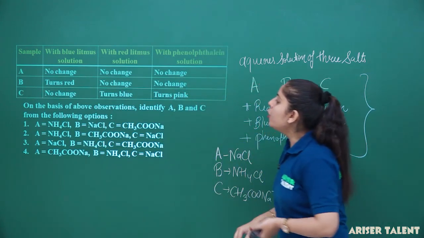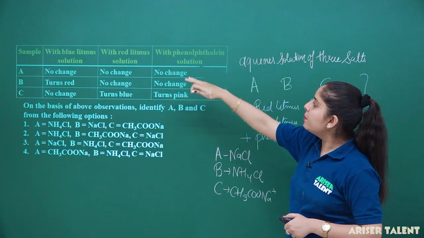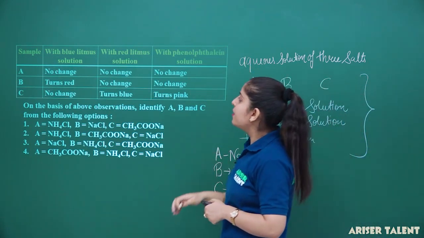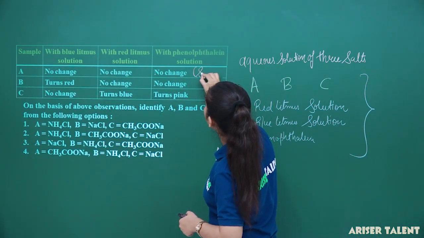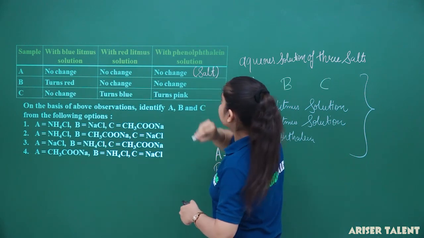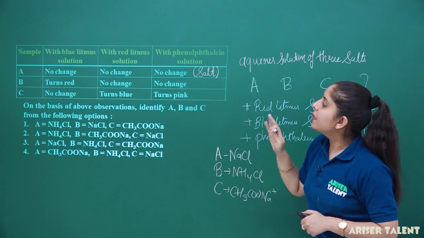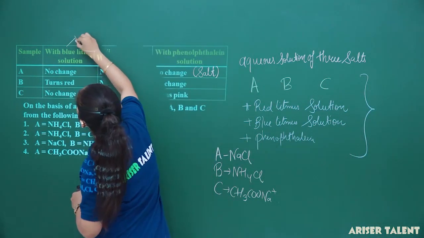Now, what you are observing in case A, with blue litmus, red litmus and phenolphthalein, there is no change in the color. It means no change, no change and no change. So we can say that it must be a salt. Now, with blue litmus, compound B is turning red. It means blue is turning to red.